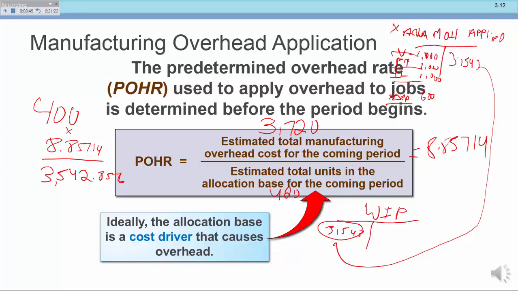For the supervisor salary, the indirect labor, just so that we see some variety here, credit salaries payable for 1,000. How about for the depreciation on the factory building? I'm going to credit accumulated depreciation, right? For, what is it, 500? 600?